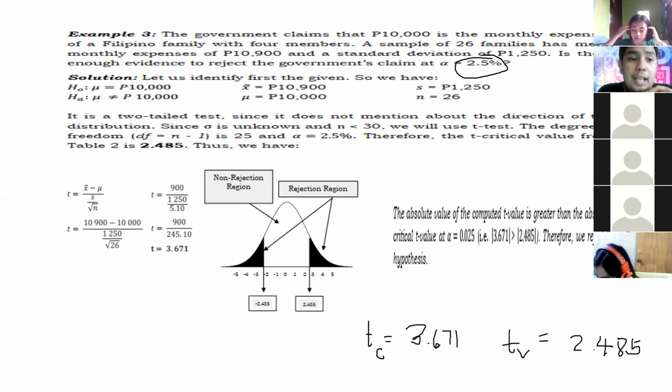Pero pag po doon sa one-tailed na left or right, we are using the exact value. Kung negative, negative. Kung positive, positive. Kaso nga lang, kapag negative at positive, yung value na ay magiging negative kung ang computed t value natin ay negative din. Magiging positive kung ang computed value natin ay positive din.